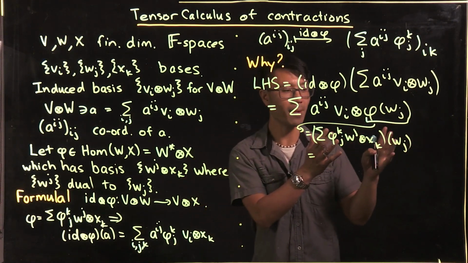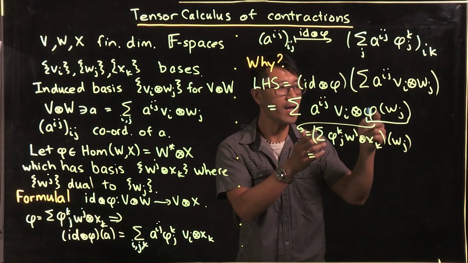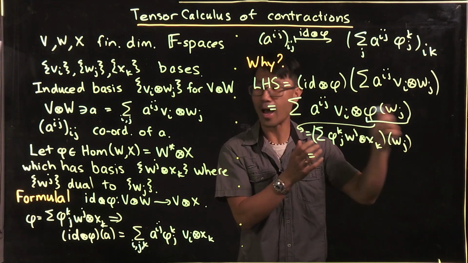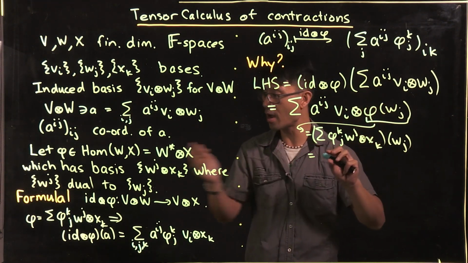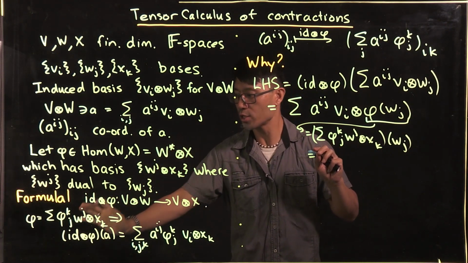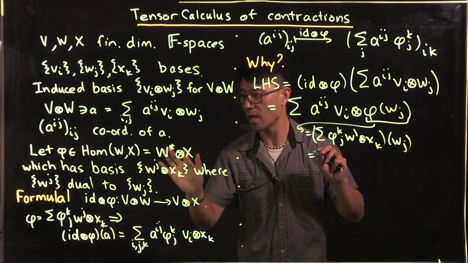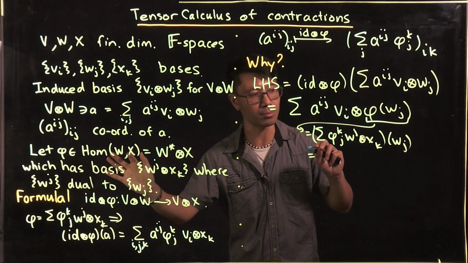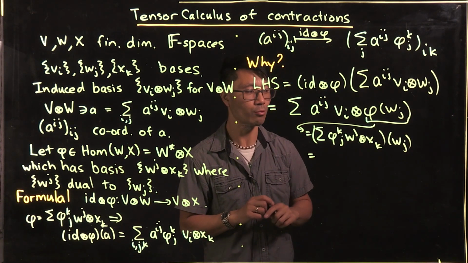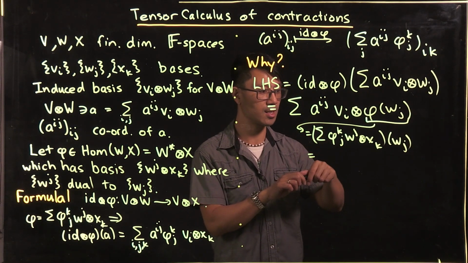Now we have to remember this phi is a homomorphism which maps w over to the x's. And how does it work? The funny thing is that we've written phi as a tensor product, so how do you think of it as an element of the Hom space, as a linear map from w to x? Let me remind you how that works.